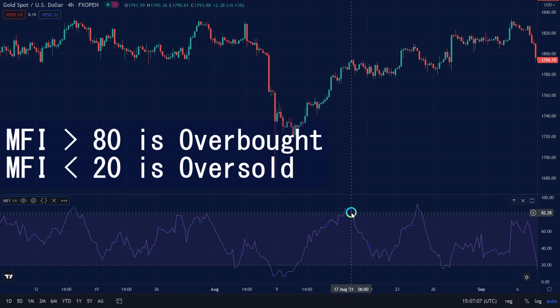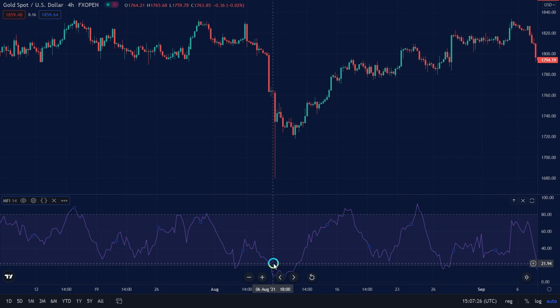Now, in my opinion, if you want to use it this way, of course, use one or two more indicators, and not just oscillators, to confirm that it is a reversal, and make sure that your money management is good and you are using a 1 to 2 risk to reward ratio at a minimum. And additionally, I would recommend to use not 20 and 80, but 10.